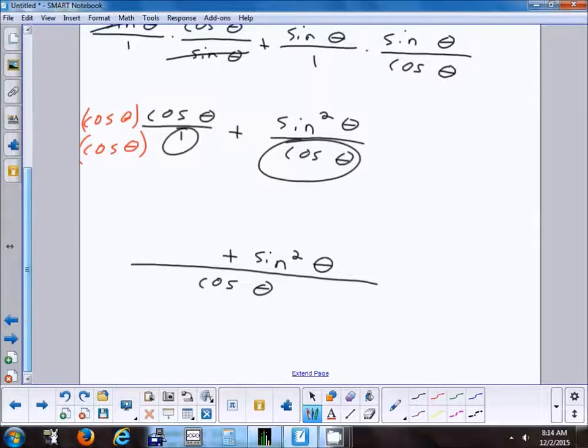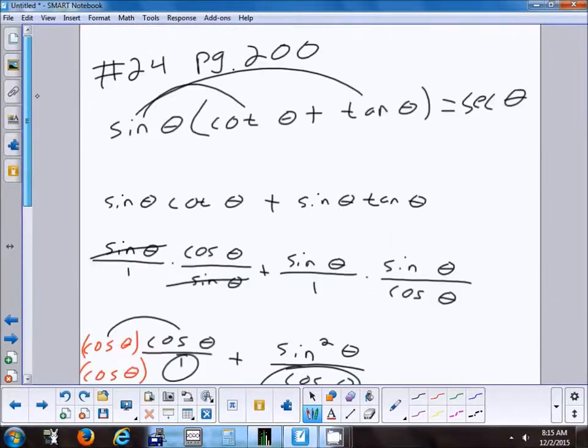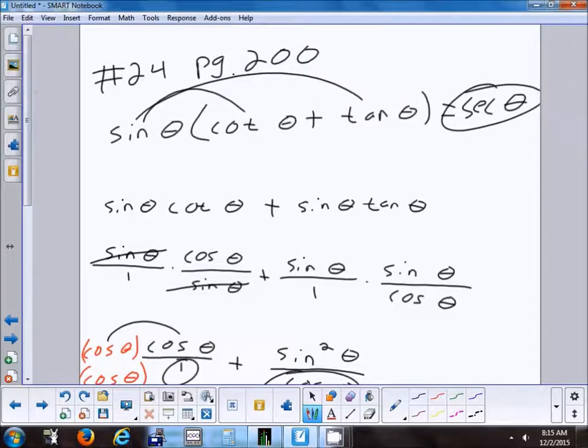When I do that, I get cosine squared theta on the top, cosine times cosine. Now, this is where we have to recognize the Pythagorean identity in the top, sine squared plus cosine squared. Even though this one is written as cosine squared plus sine squared, it's the same thing. So cosine squared plus sine squared is 1 over cosine. And now my last step, use a reciprocal identity. When you flip the cosine, that is secant, which is exactly what we were supposed to get.